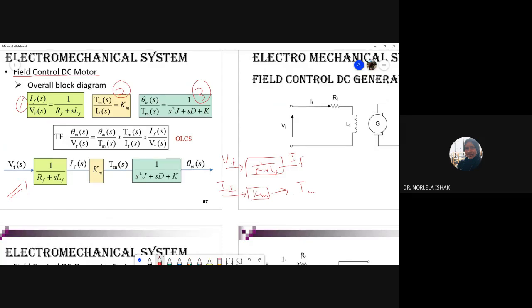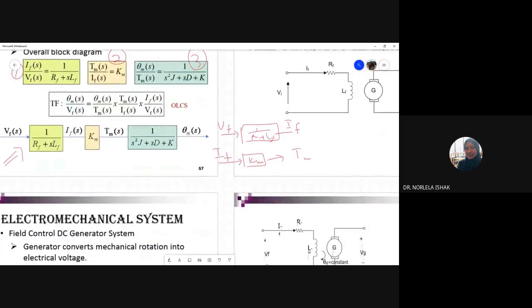And then from equation number 3, the block is 1 over Js squared plus Ds, the output is theta or angular displacement, and here is your total torque.